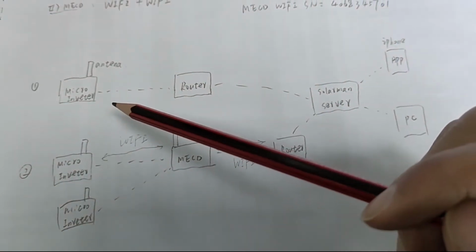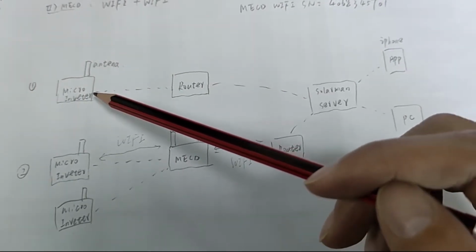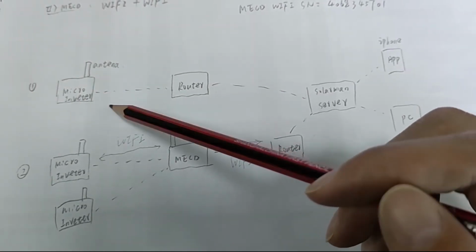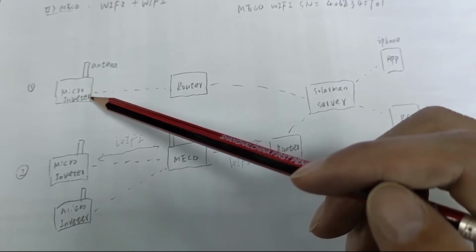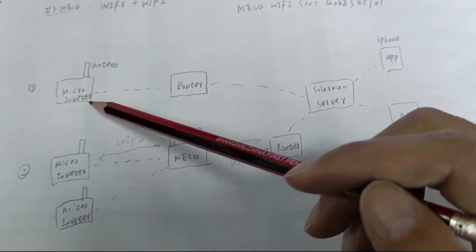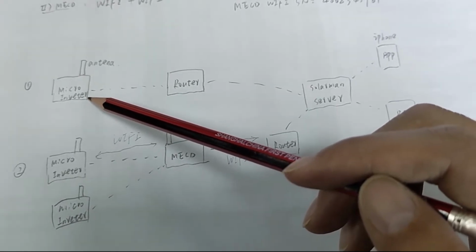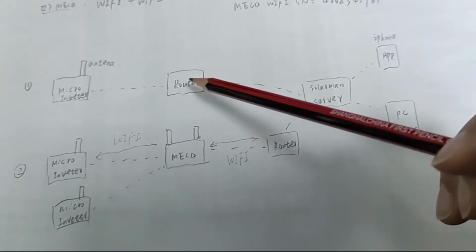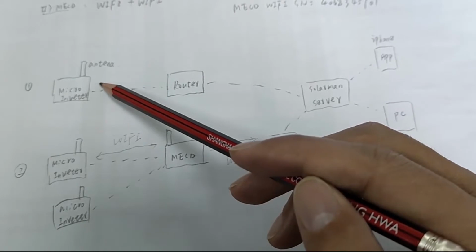Also, we have the Wi-Fi type microinverter. If you have one or two Wi-Fi type microinverters, you can also configure them with the router directly.